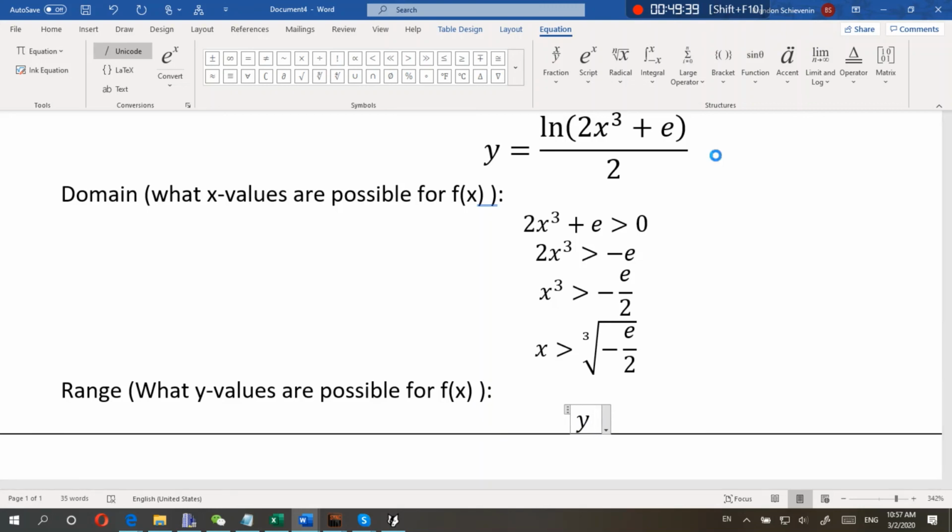y will be greater than what happens when I plug in the limit as x approaches this value from the right.